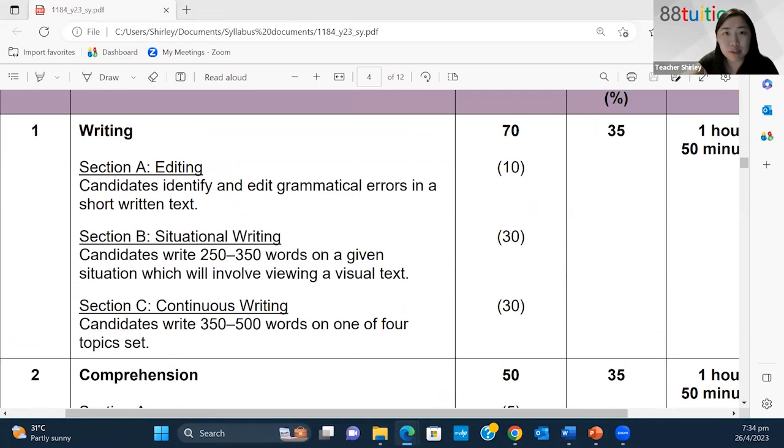Oh, someone is at the waiting room. Okay. All right. So out of the 4 topics, you will have to choose one to write about. Hi, do I pronounce your name as Ella Viniel? Yes.